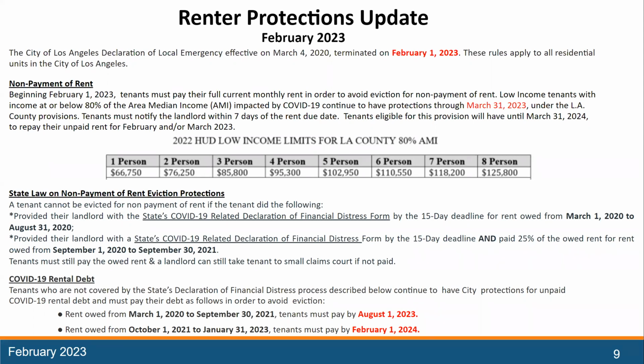For the months between October 1st of 2021 through January 31st of 2023, tenants must pay the rent to the owner that's owed for those months no later than February 1st of 2024. That's next year.